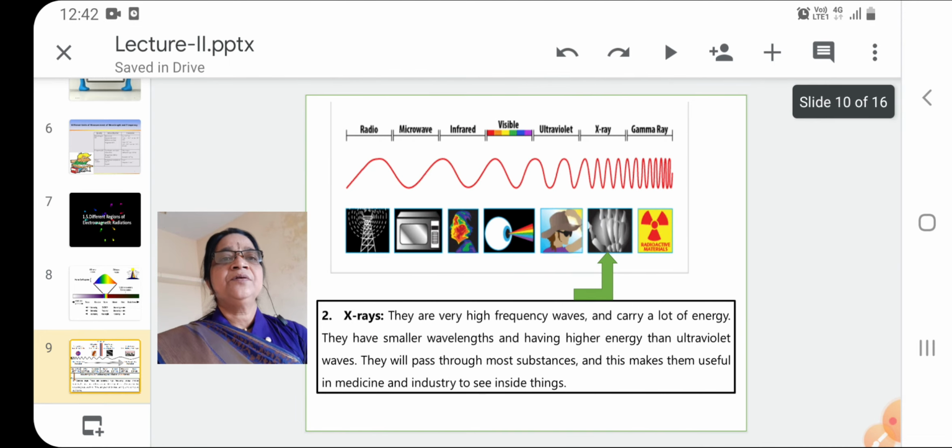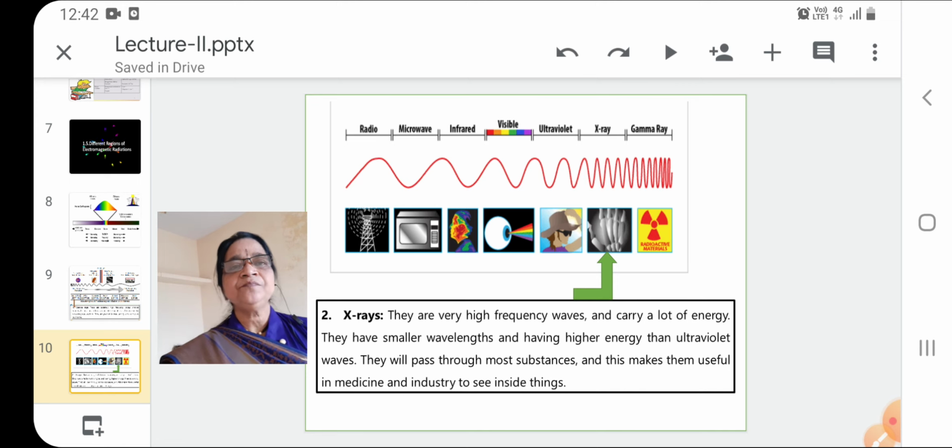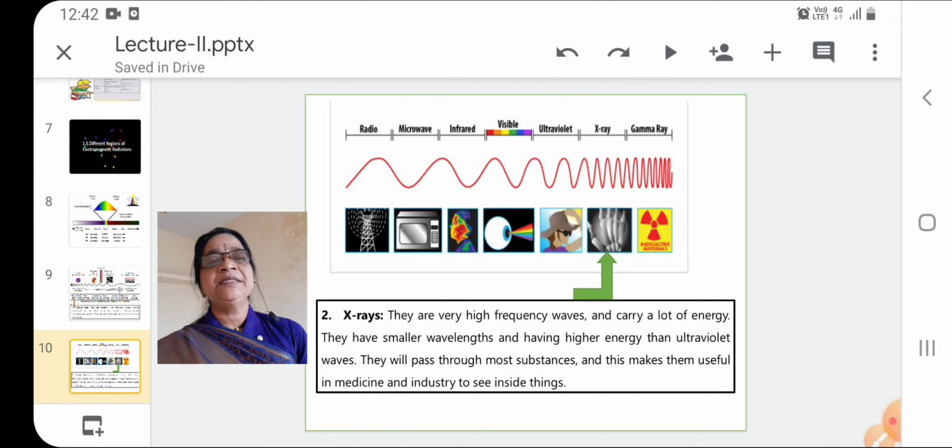Next we will see the X-rays. Majorly we have heard of X-rays in hospitals. They are very high frequency waves and carry a lot of energy. They have smaller wavelengths and higher energy than ultraviolet radiation, microwaves, IR and radio waves, but lower energy than gamma rays.